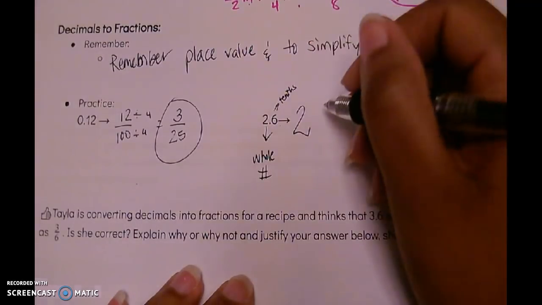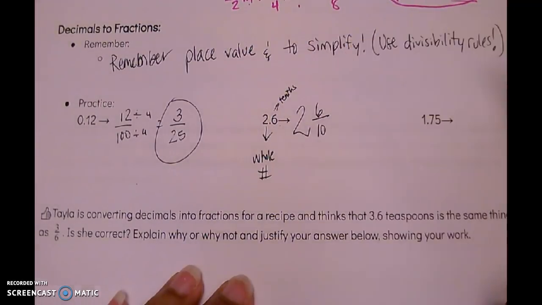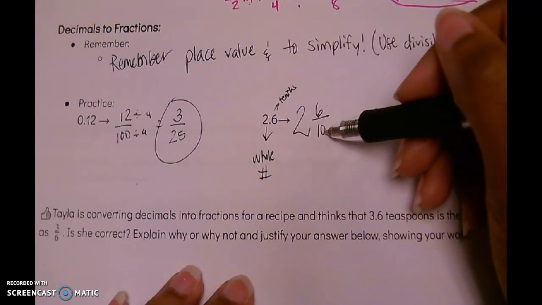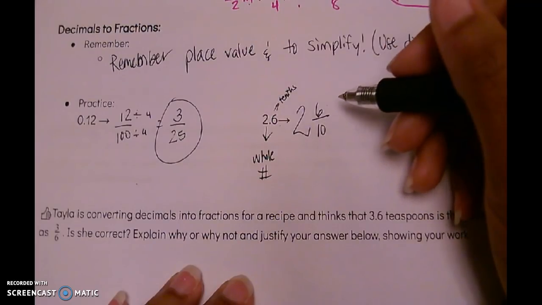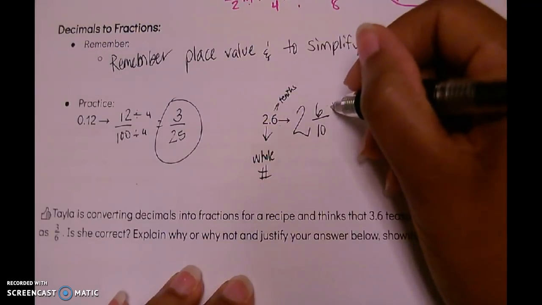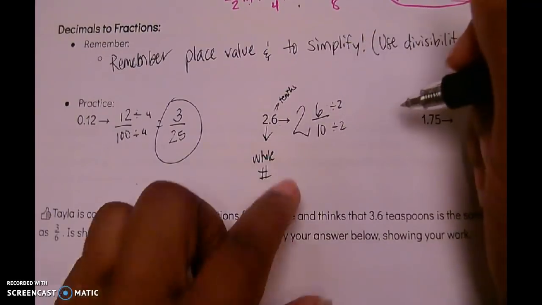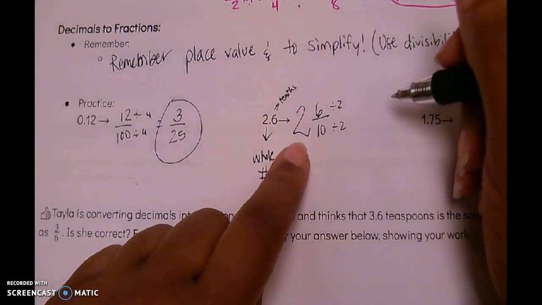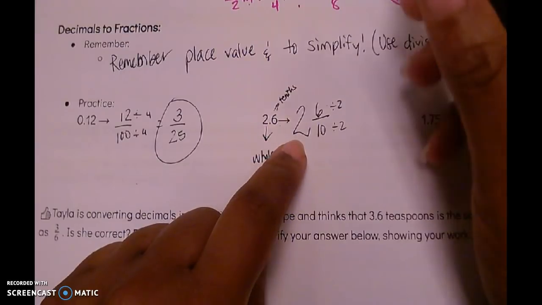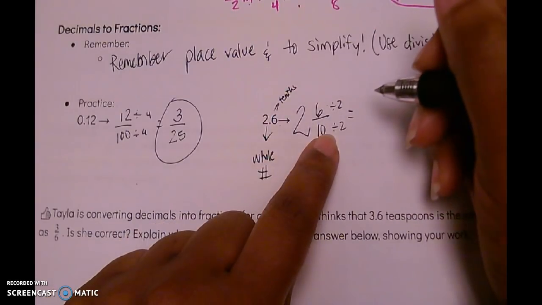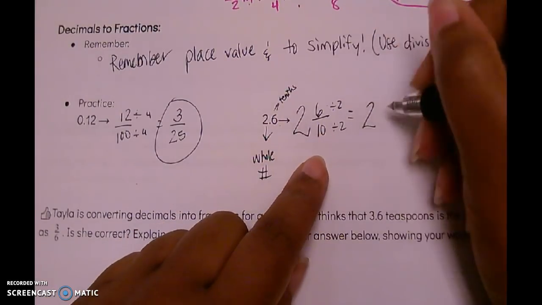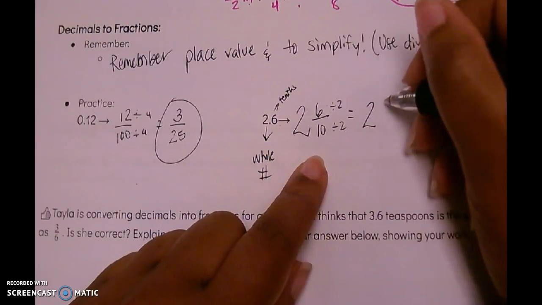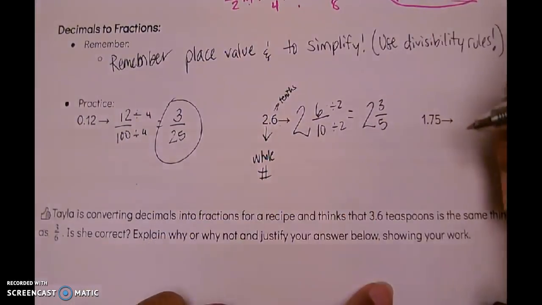So that means this is the same thing as 6 over 10. Now, of course, we can simplify this 6 over 10 by dividing the top and the bottom by 2. This whole number we're going to leave alone because it is the same. The only thing we're doing is simplifying the fraction. So this is going to simplify to 2 and 3/5.